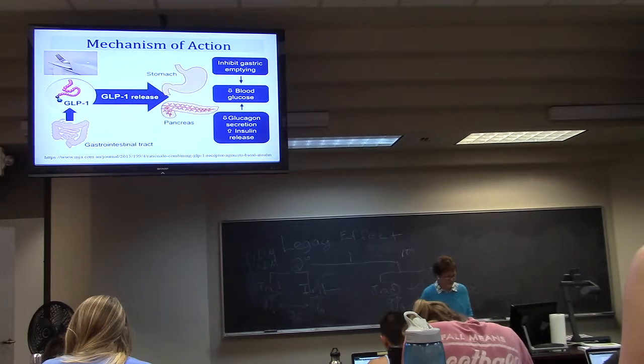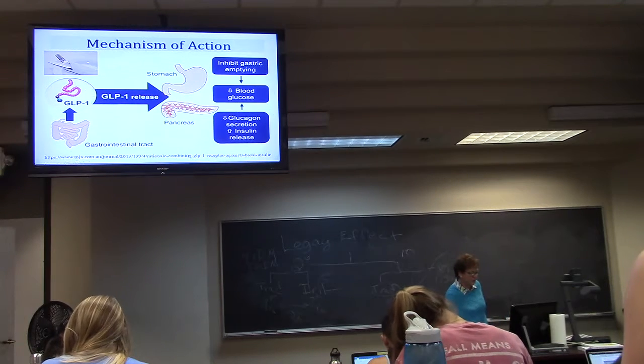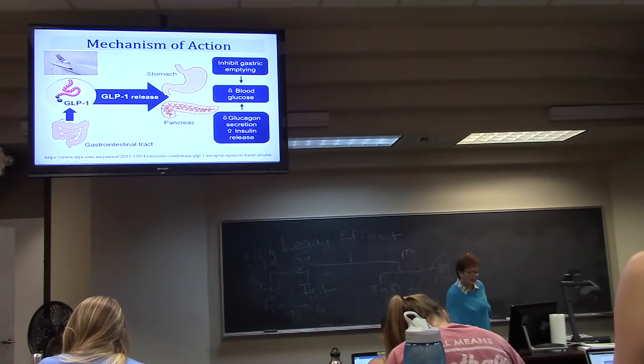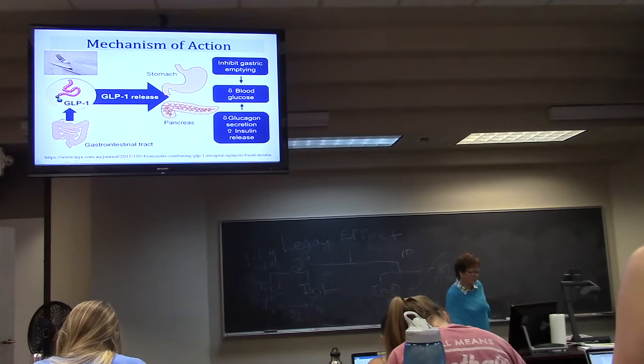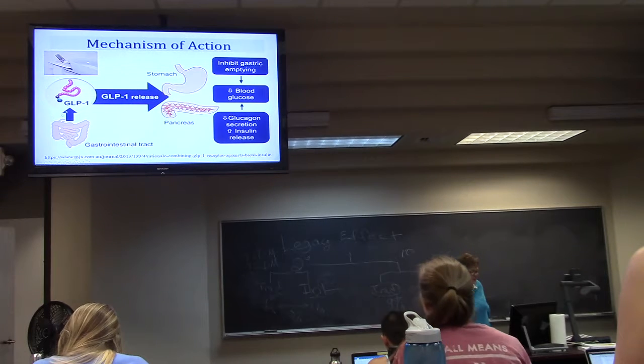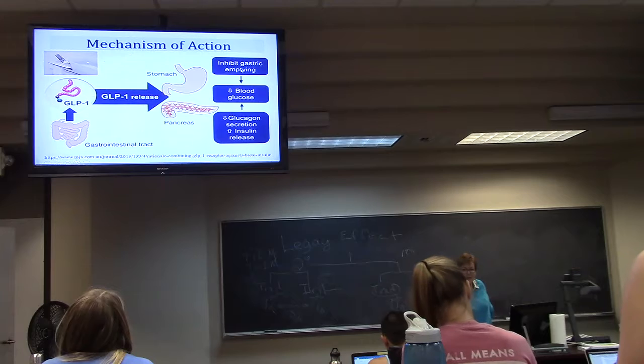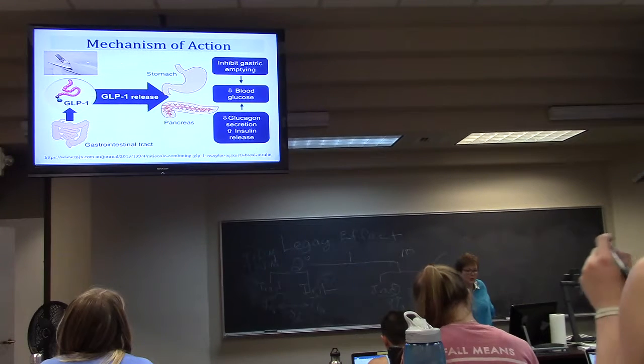Okay, let's look at their mechanism of action first, because they do several things. So again, you have that GLP-1 that's made in the gut. So we're giving it to them in an injection. It does several things. One is it slows down gastric emptying, so they feel fuller longer.